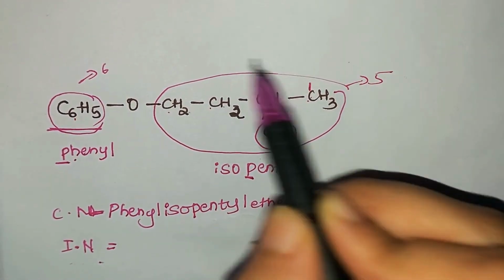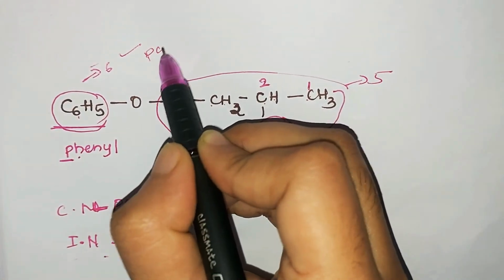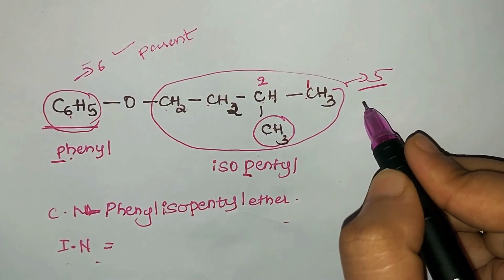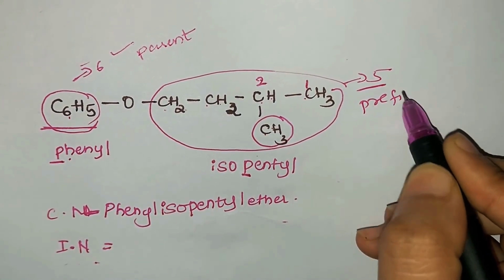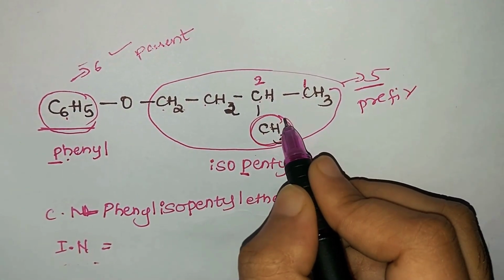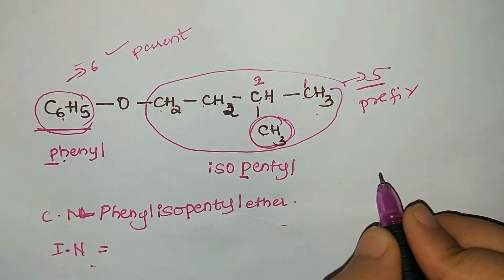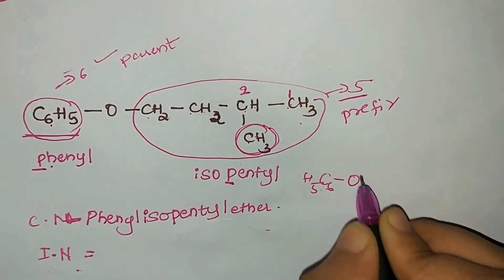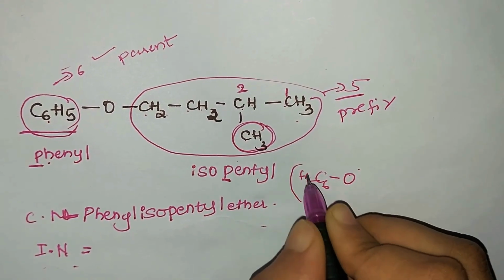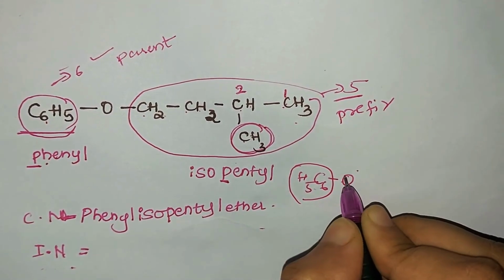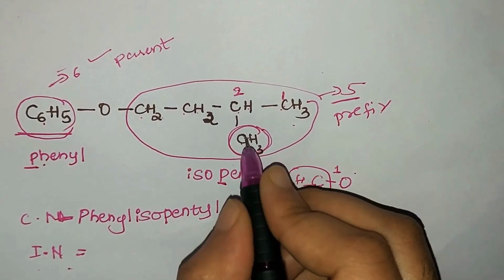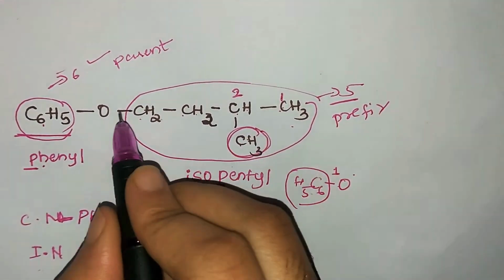Thus the benzene ring will become your parent chain, whereas the isopentyl group becomes your prefix. So you have to name it systematically using the IUPAC system. We'll write the isopentyl part separately, number it and name it separately, and then combine it with the benzene group. Oxygen will be associated with the isopentyl group. We'll name this isopentyl group.